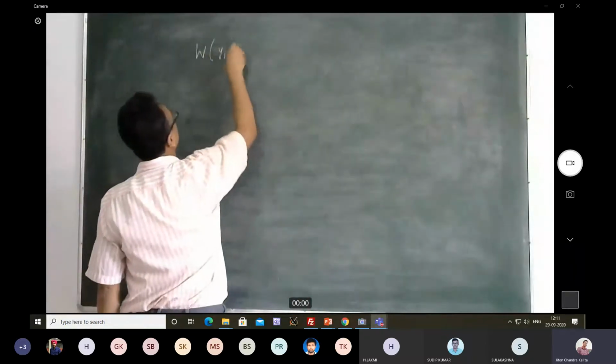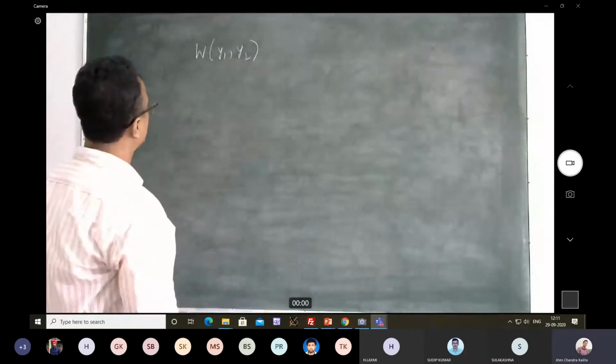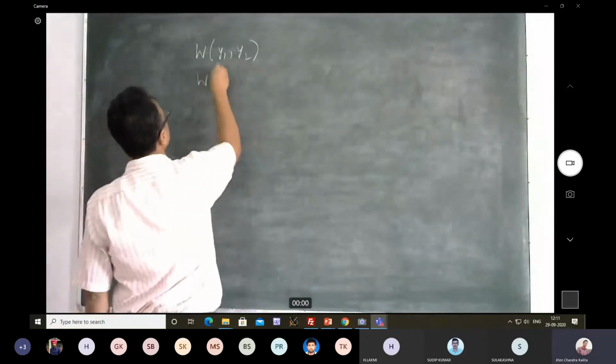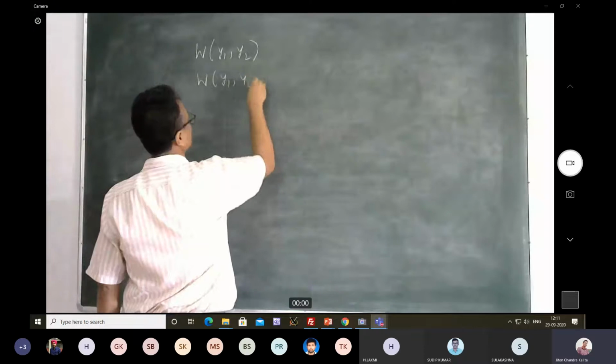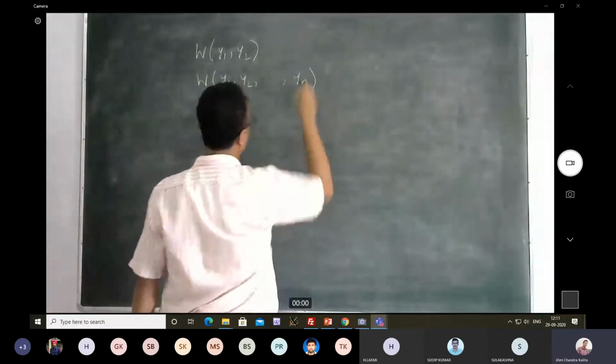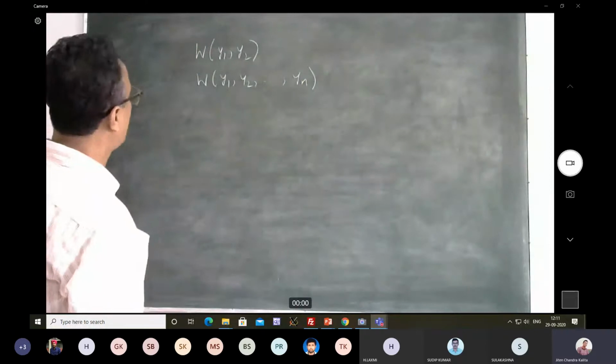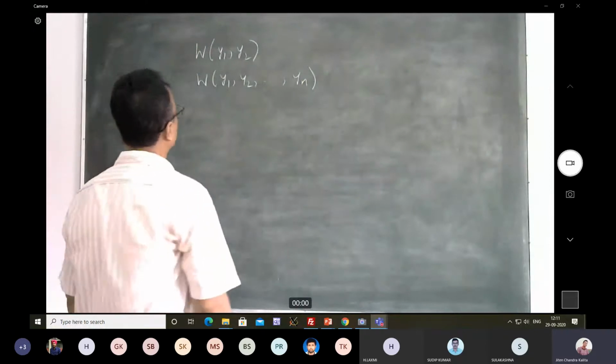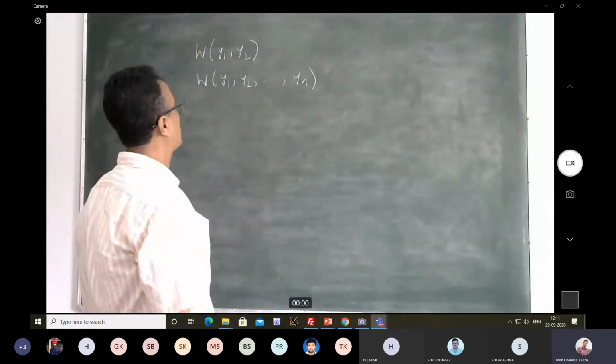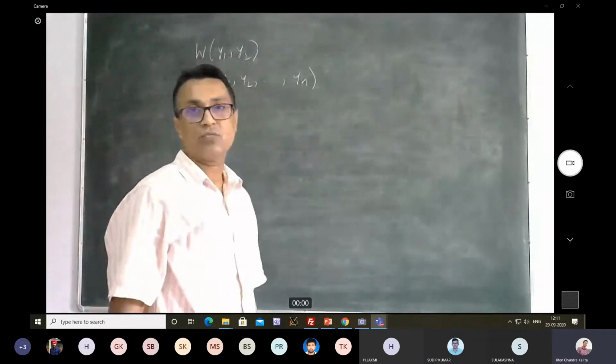So we were talking about this Wronskian, firstly, of two functions as solutions, and then we have given you the Wronskian for the solutions which are linearly independent for an nth order differential equation.